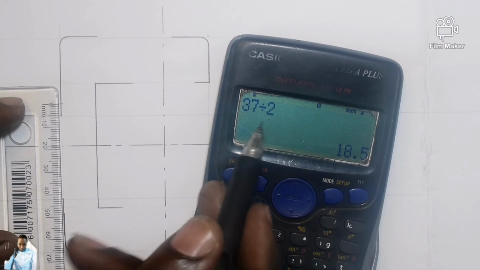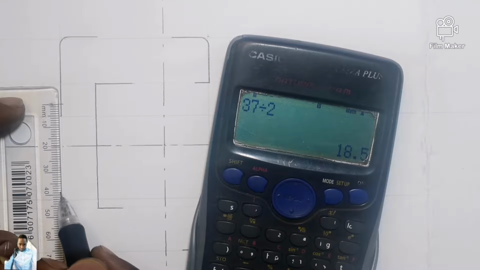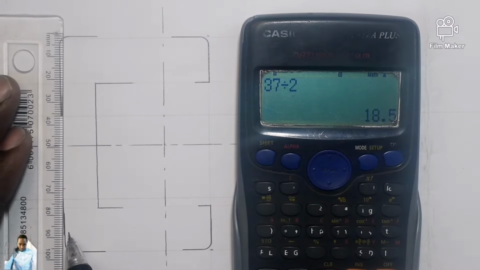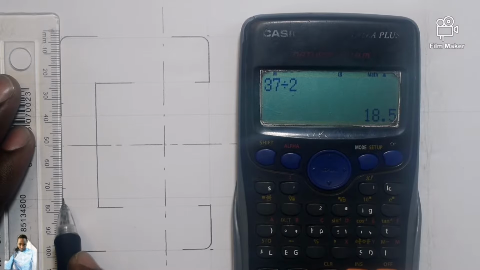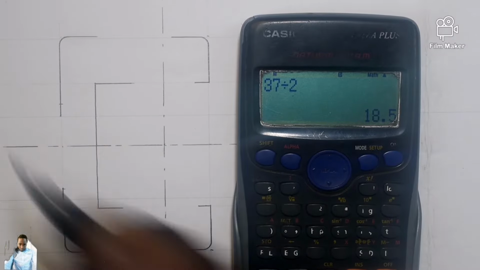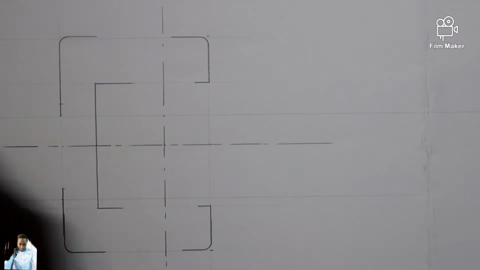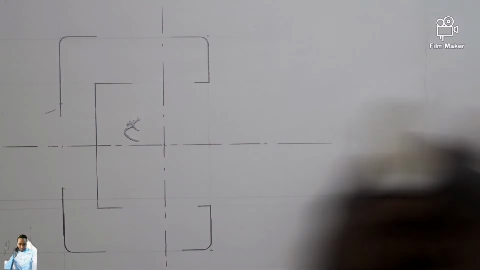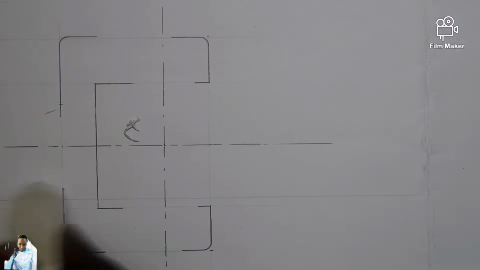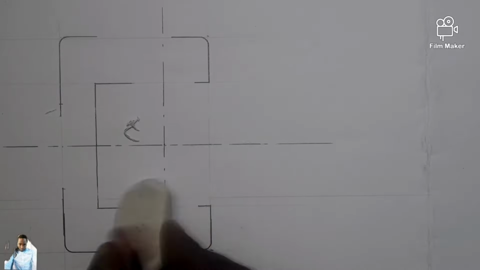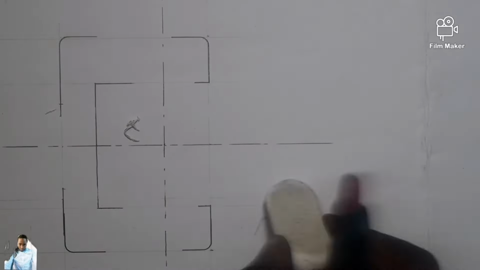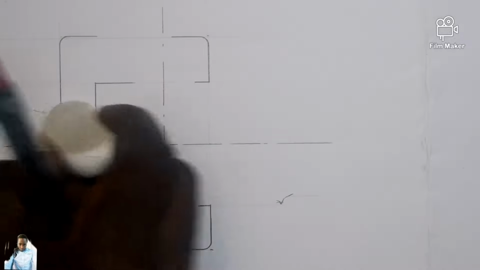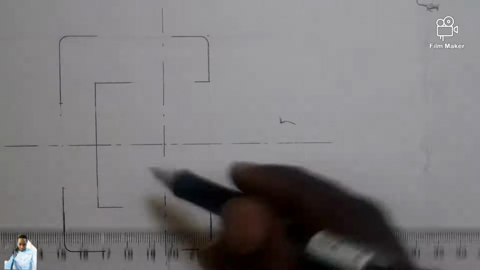And 30, 35, 36, 37 is right here. So which means this one is supposed to go up a little bit to right there. So this one you have to erase, before it confuses you. Even this one. So the correct one is this one.